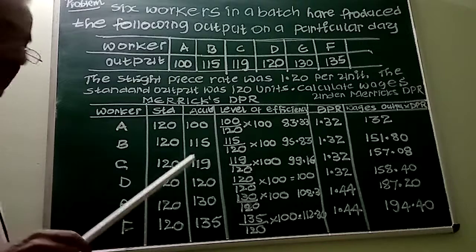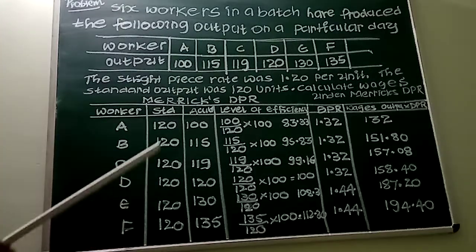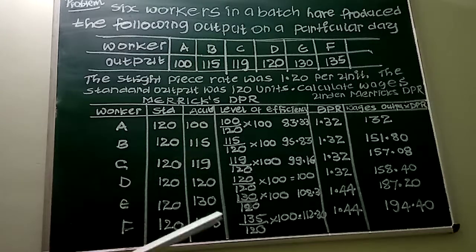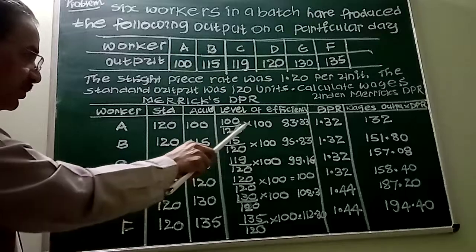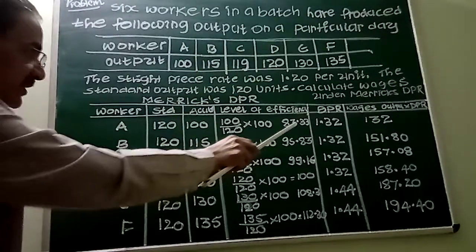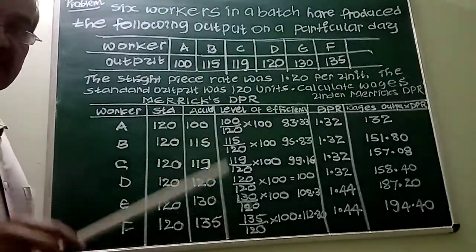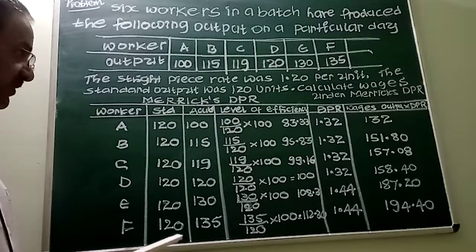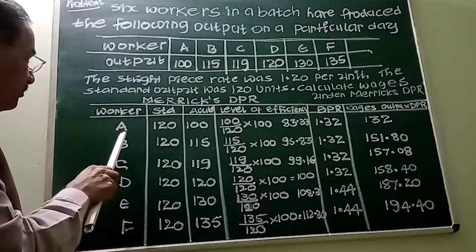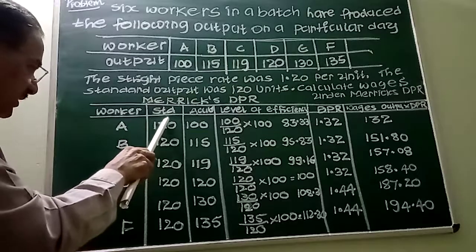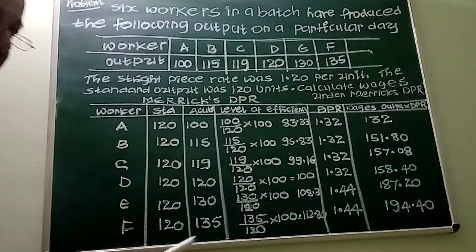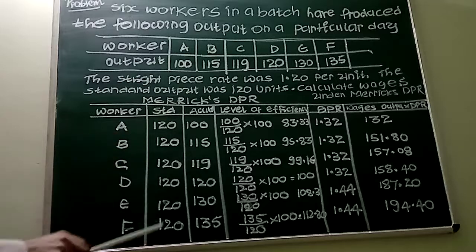For that, the formula is actual output divided by standard output into 100. You will get the level of efficiency expressed in percentages. The standard output is 120 for all the workers. This will not change.